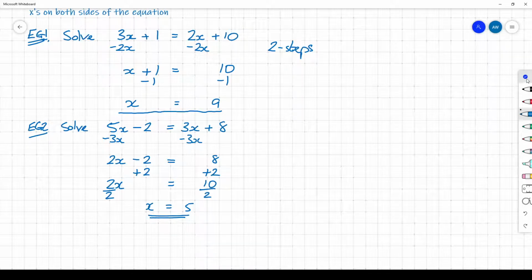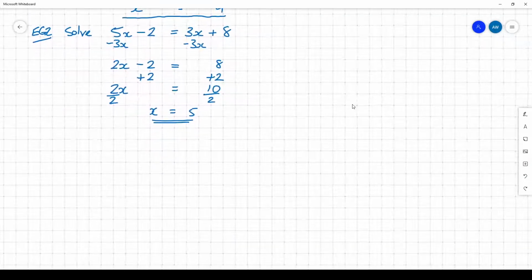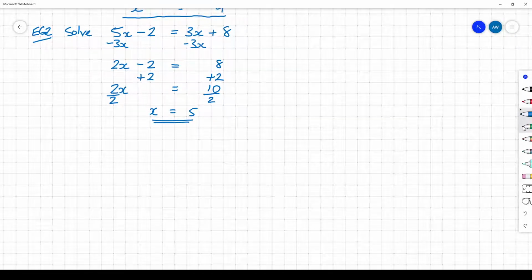Okay, one more example. Example 3. Now this time, I mentioned this earlier, I'm going to say solve 2x minus 4 equals 7x plus 24.